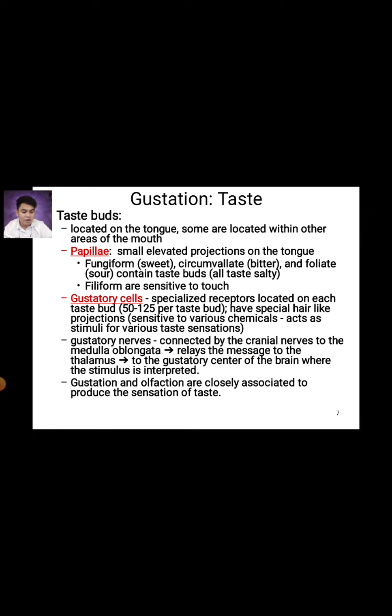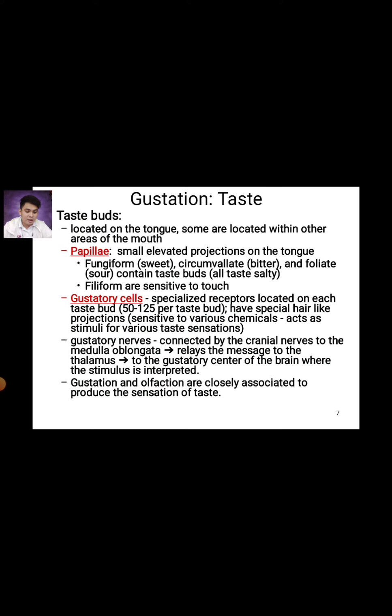Gustatory nerves connected by the cranial nerves to the medulla oblongata relays the message to the thalamus, to the gustatory center of the brain where the stimulus is interpreted. Gustation and olfactory are closely associated to produce the sensation of taste. Meron pong tulong ng olfactory.